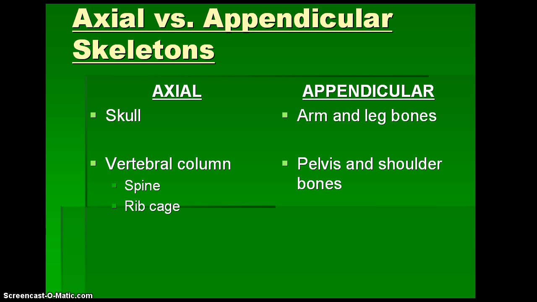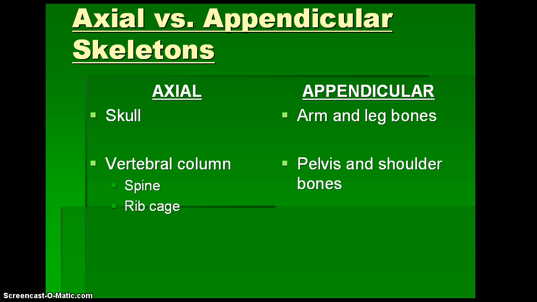When we get into the skeleton, there are 2 different types of skeletons. We have axial and appendicular. Big words, I know. Appendicular. The axial skeleton consists of the skull and the vertebral column, which is the spine and the rib cage. The next slide has a picture of this, which will help you visualize this concept.